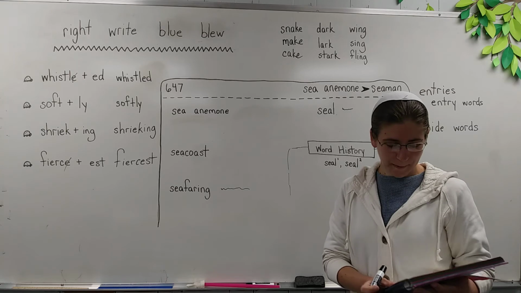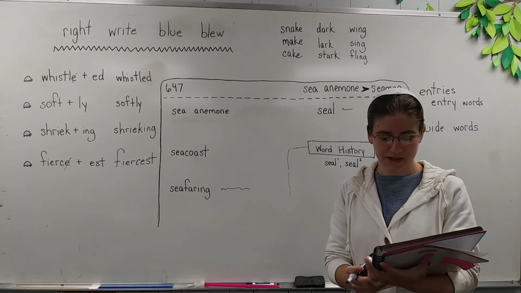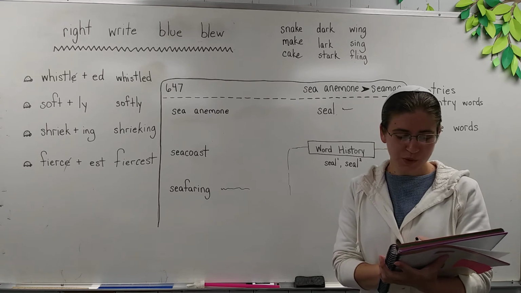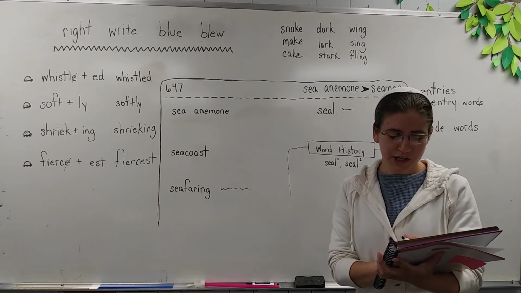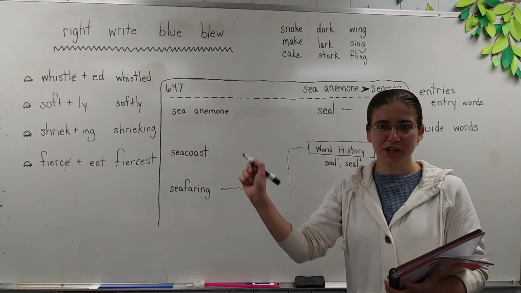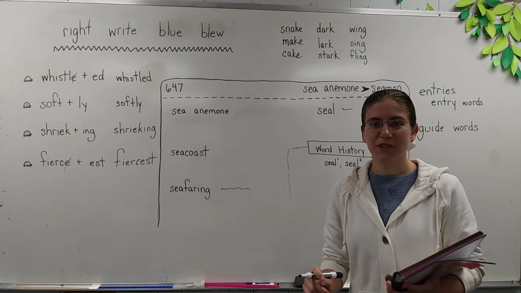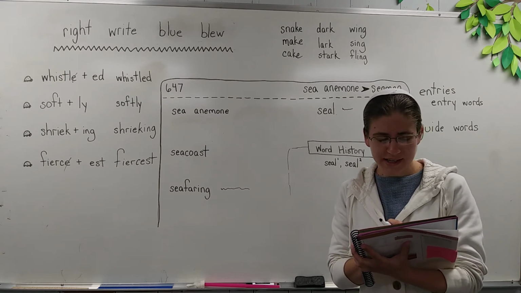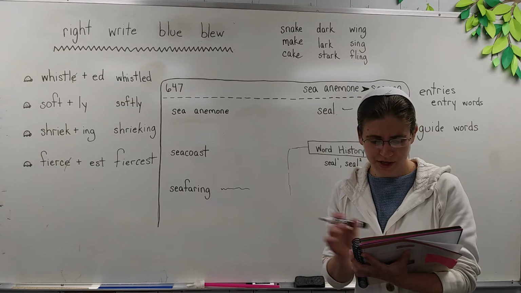All right, the second one on number 2 for our second blank. Which word means earning one's living at sea? So look back up at your dictionary page. Which word means earning one's living at sea? So we know it's not that sea anemone, it's an animal thing.